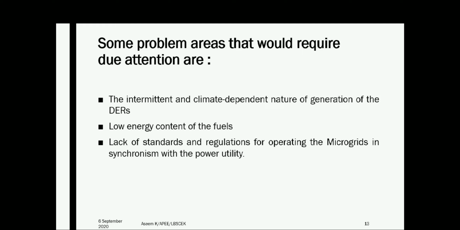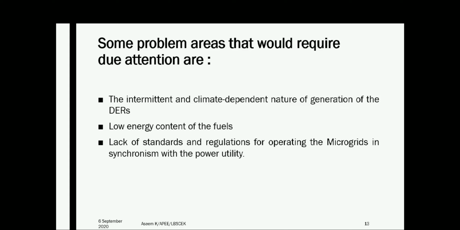Let's see some of the problems associated with microgrids that we should take care of. The first is the intermittent and climate-dependent nature of the generation of distributed energy resources.